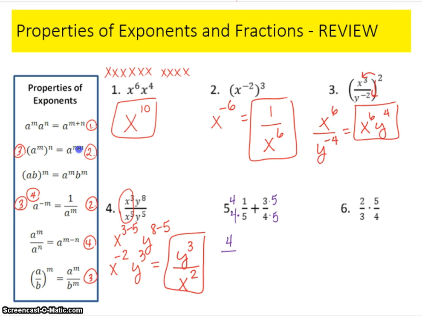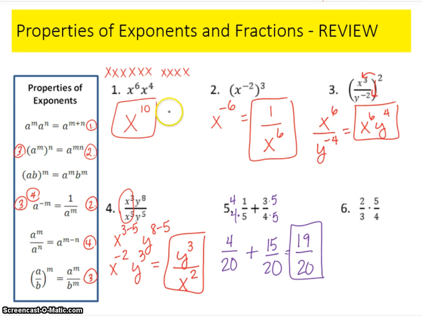So we end up with 4 over 20 plus 15 over 20. And once you get the common denominator, it remains the common denominator. And you add the top, or subtract if it's a subtraction problem. So 4 plus 15, that's 19. Then you reduce if you can. In this example, you cannot.